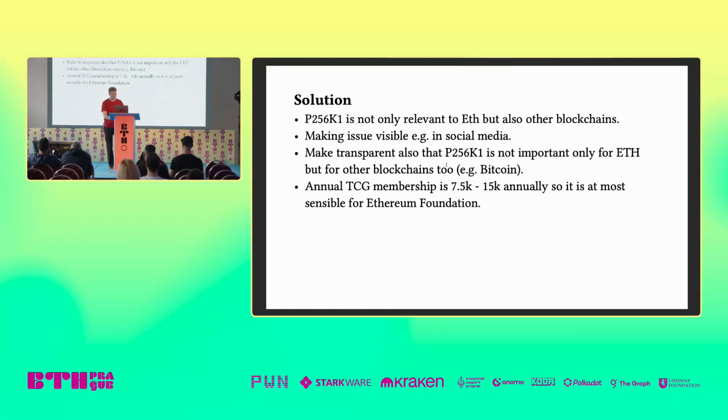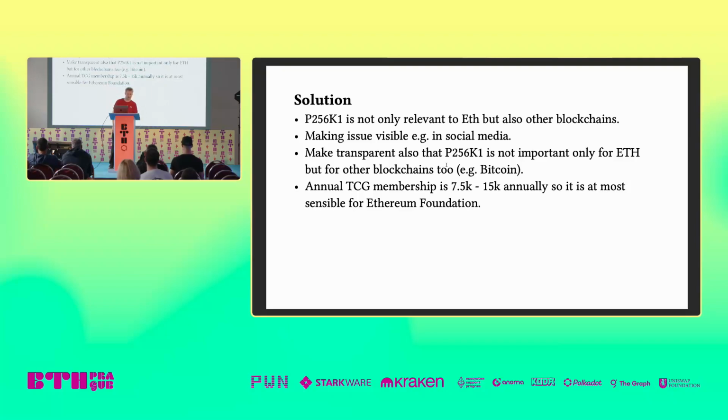TCG membership is quite costly, so it would at most make sense for something like the Ethereum Foundation or Bitcoin Foundation as a whole organization. But Ethereum has member companies like Microsoft who invest a lot in Ethereum.